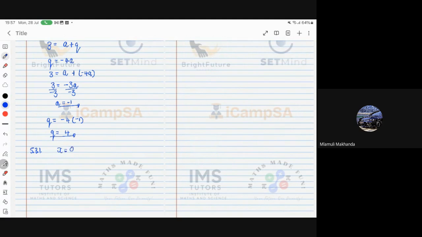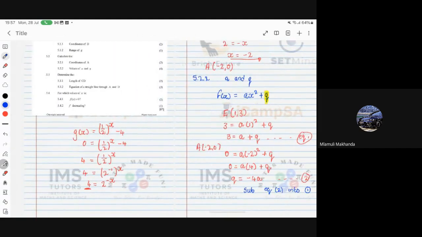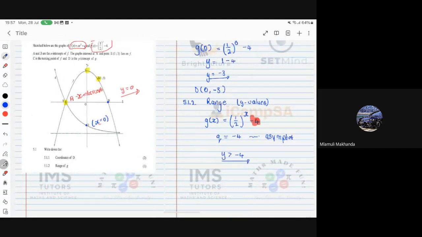Even though we don't need x, I just want to write the coordinates of c, where y is equal to q, which is 4. So basically the coordinates of c are 0 and 4.